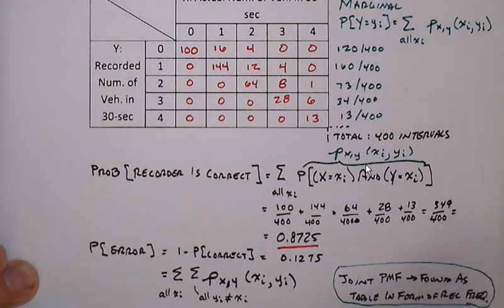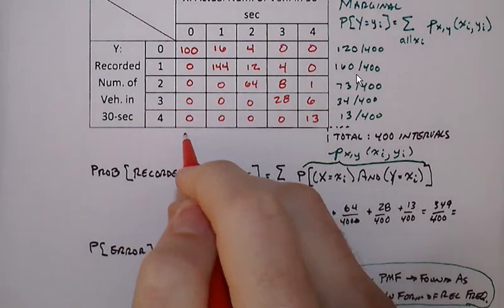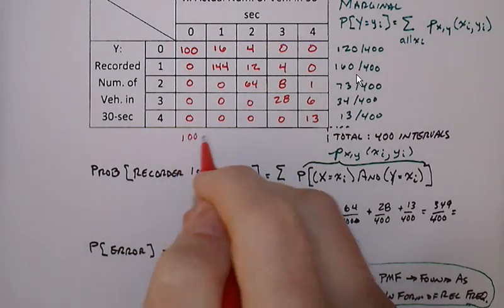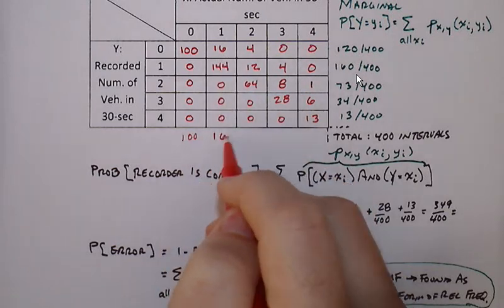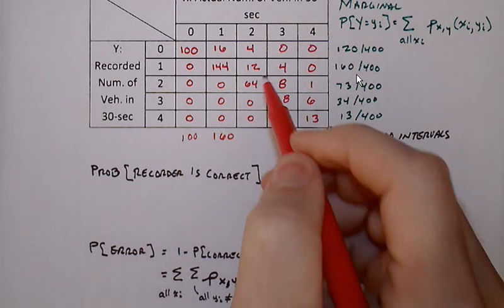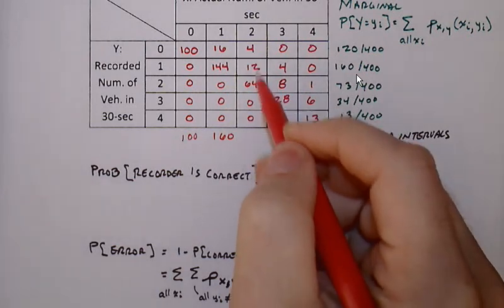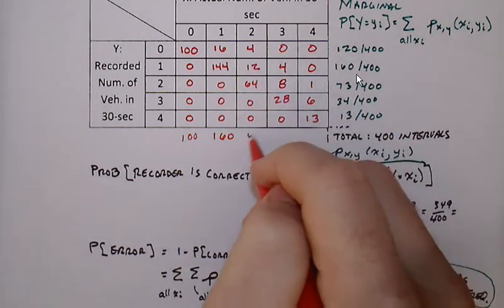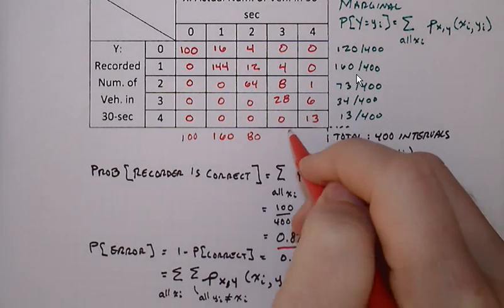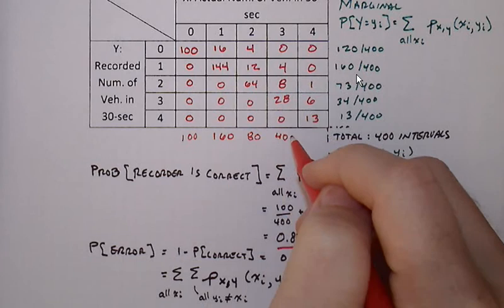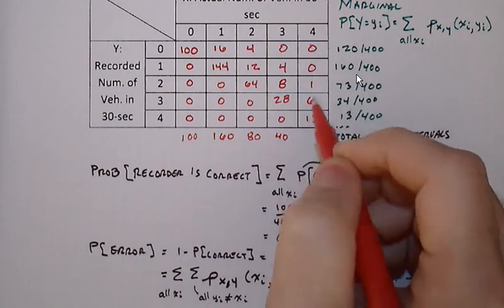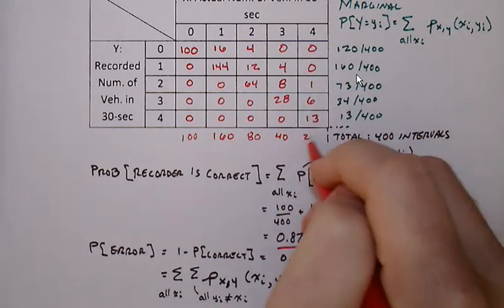Likewise, we could do the same thing to get the marginal for x. We have 100 here. We'd have 16 plus 144, which is 160. We get 4 plus 12 plus 64, which is 80. And then we get 4, 8, 28, which gives us 40. And 0, 0, 1, 6, 13, we get 20.